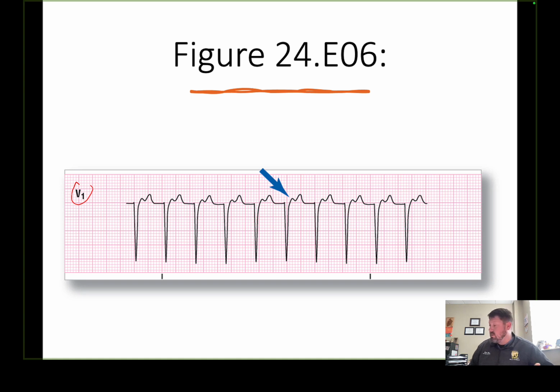And then I've got a pseudo R wave as a P wave. Now, if I were looking at this in lead 2, it most likely would be a pseudo S wave. And then my QRS is about 0.06. But with a rate of around 140, I'm still looking at a junctional tachycardia.